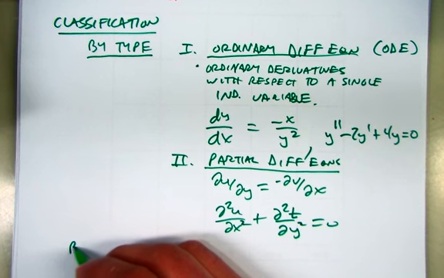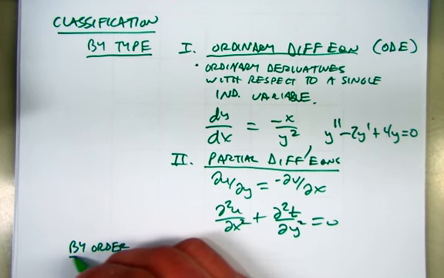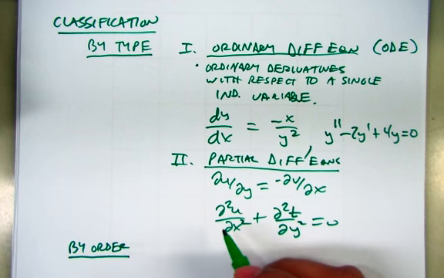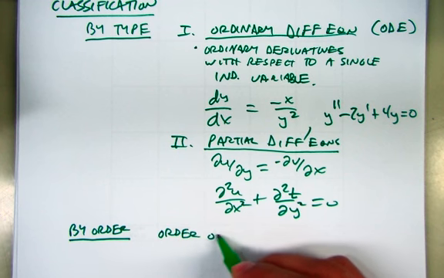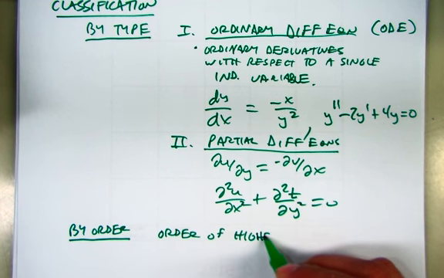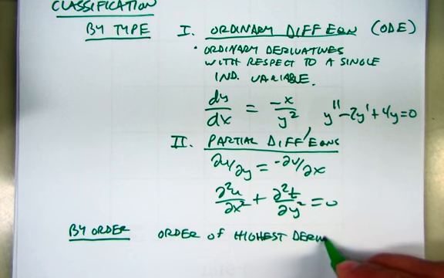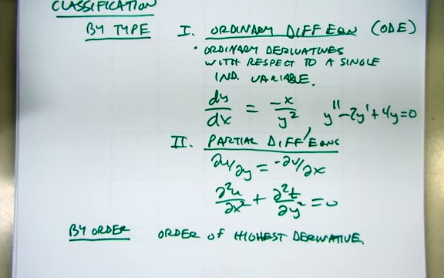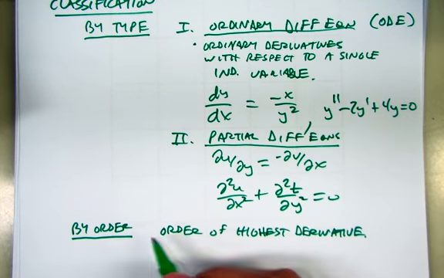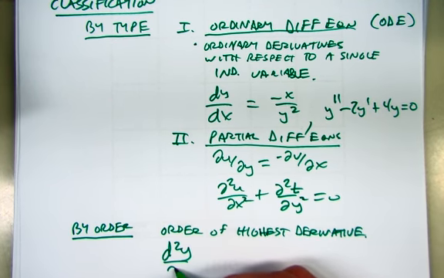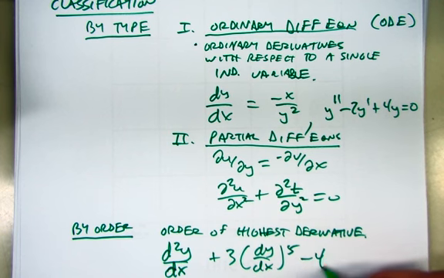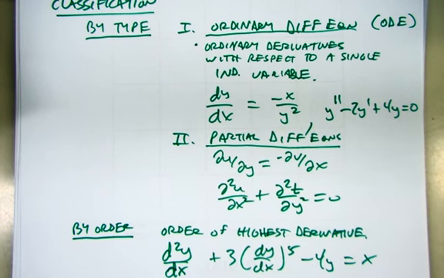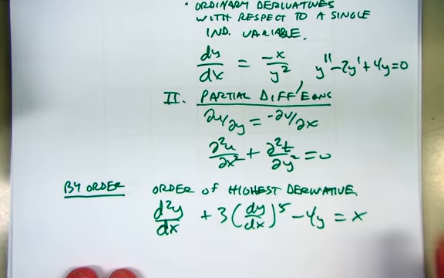By order, it can get a little tricky, but you just got to remember what it is that you're looking at. And that is the order of the highest derivative. So for example, if we have d squared y over dx squared plus 3 (dy/dx) to the fifth minus 4y equals x, there's only two derivatives.